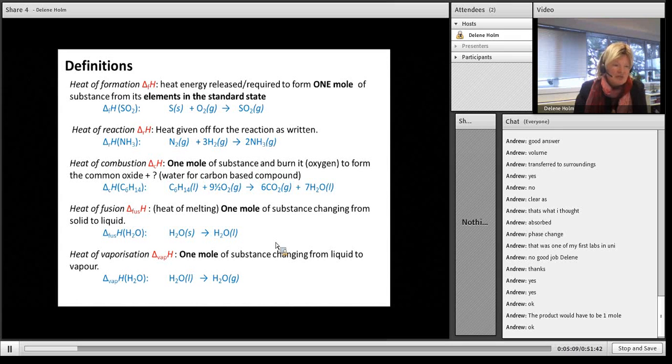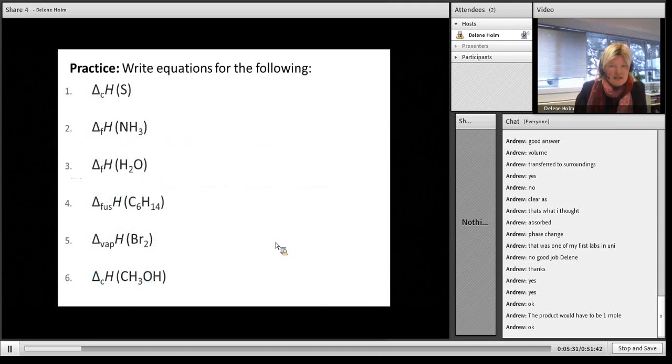So I could say write the equation for the heat of vaporization of water, or write the equation for combusting octane, or write the equation for the heat of formation of octane, of forming octane. Okay, so here's some practice.